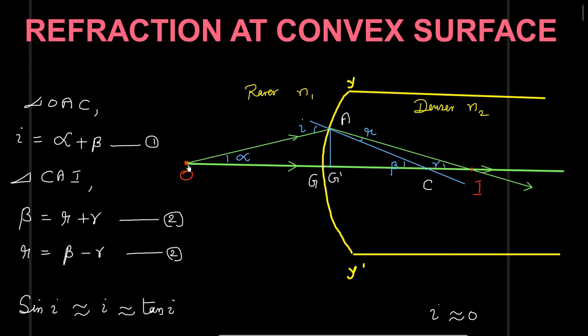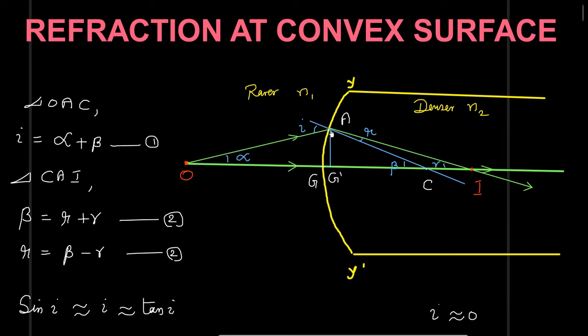Another ray which passes obliquely on the surface, let it be OA. At the point of incidence, let us draw the normal, where the normal meets the principal axis at position C, which is called the center of curvature.